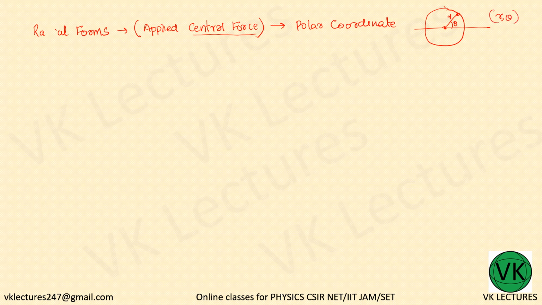Any central force problem can be represented by using the radius and theta, because the central force problem deals with the distance between, or they act along the line joining the centers of two masses or two charges or two point particles.